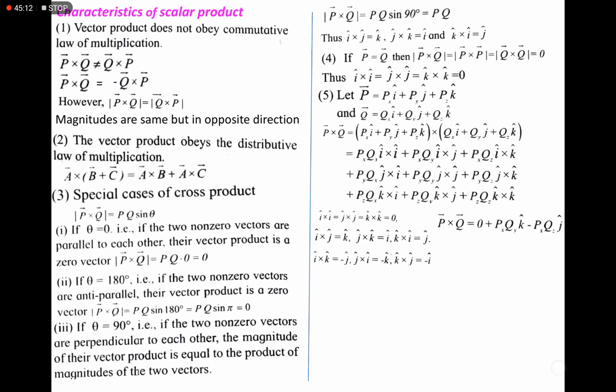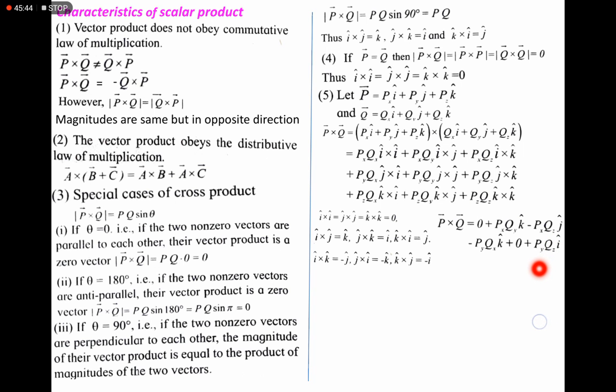Now next over here, this one: j bar cross i bar is minus k bar, and the second term is 0, and we'll write over here minus j bar, so this term becomes minus px qz j bar.